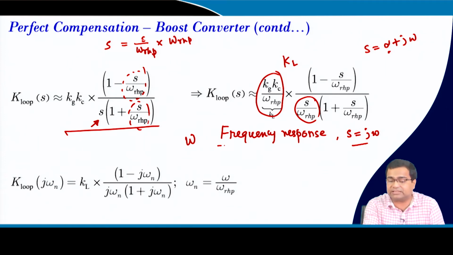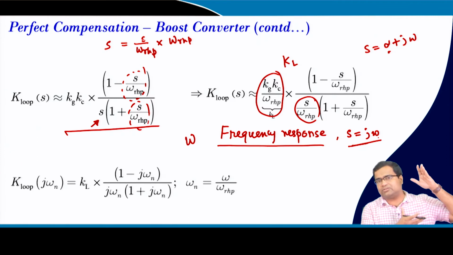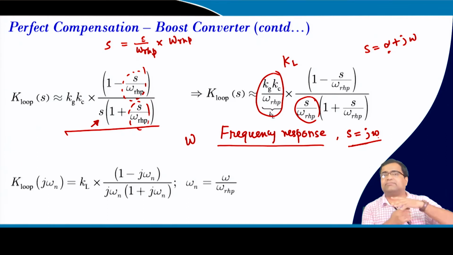Then for the frequency response we simply take j omega, because we wait for a long time so that all the transient effects have vanished, and it comes to the actual steady state behavior, where we are exciting the system with some frequency omega.